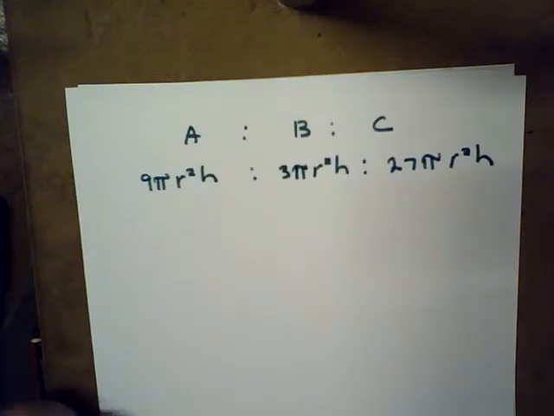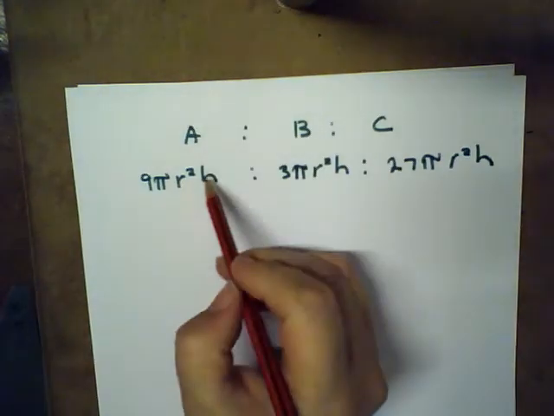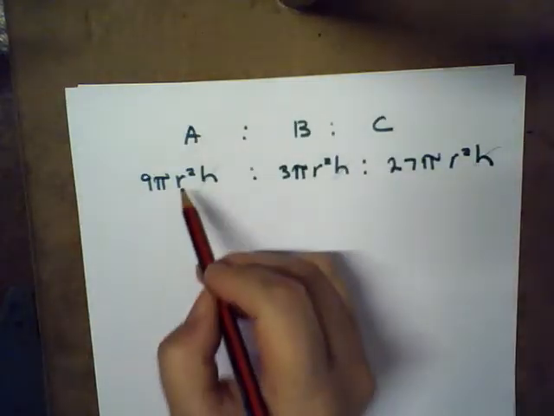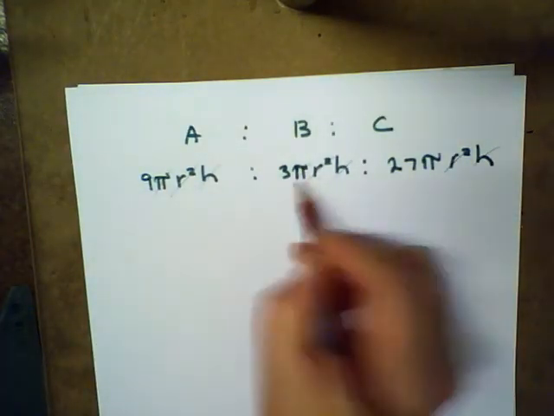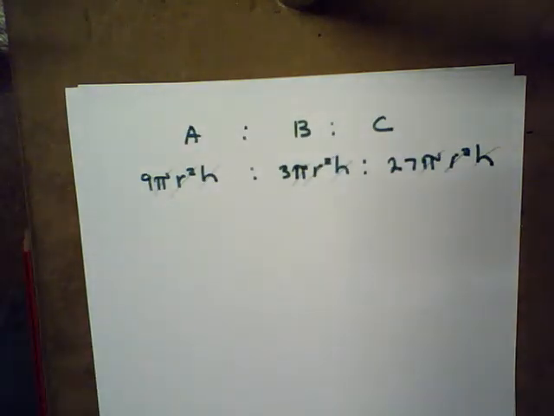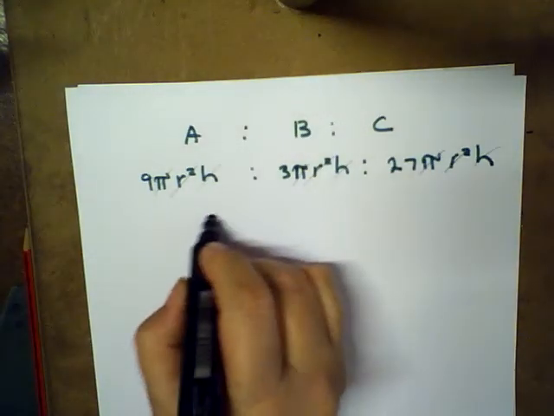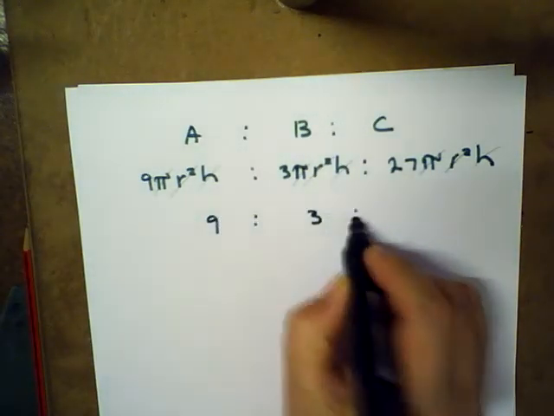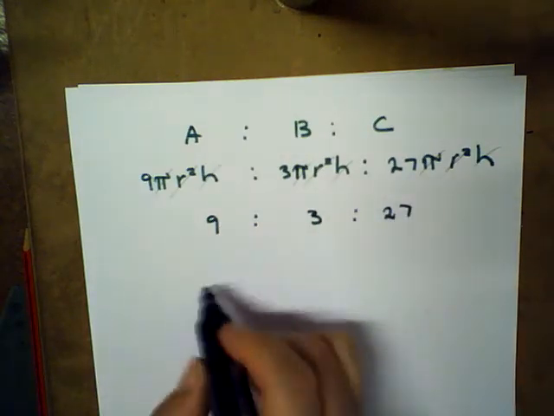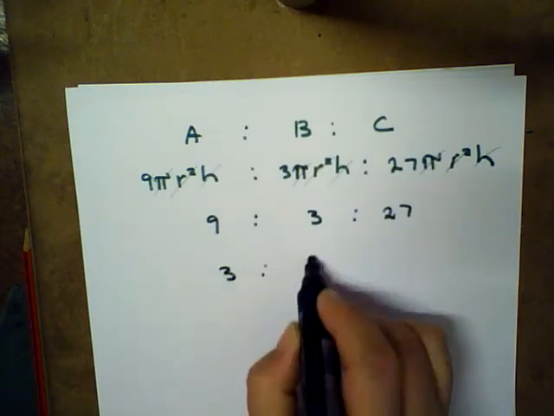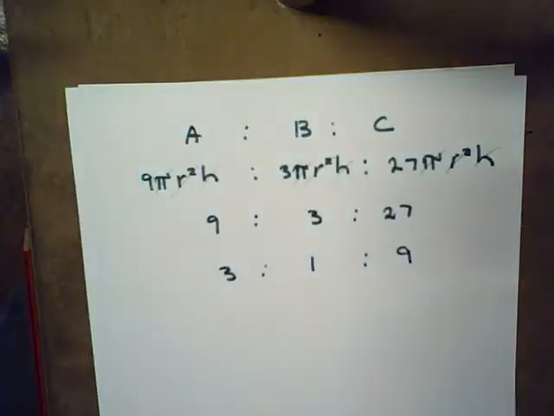We can cancel out all the h's, the r squareds, and the pi's, so we'll be left with 9, 3, 27. I know that 3 can go into all of them, so it would be 3, 1, and 9. In simplest form, that would be the ratio.